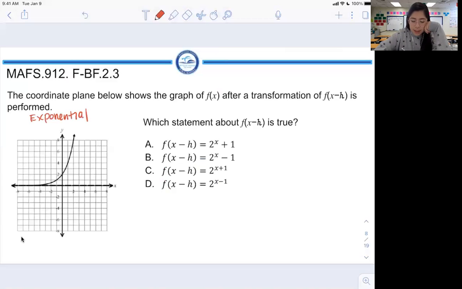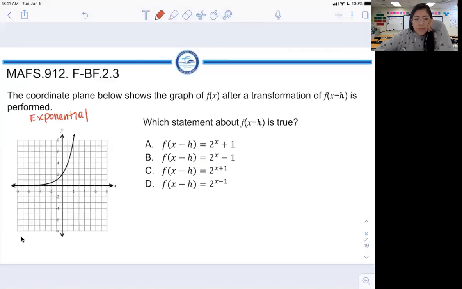All right, so we know it's exponential. And again, we are moving it in a certain direction. So it says the coordinate plane below shows the graph of f of x after a transformation of f of x minus h. Okay, which statement about f of x minus h is true?